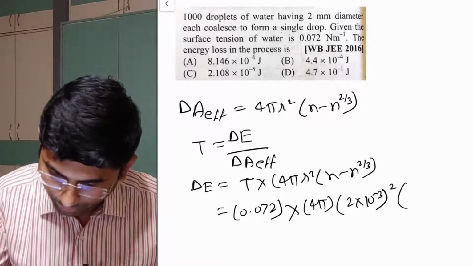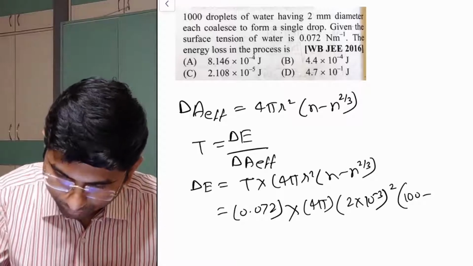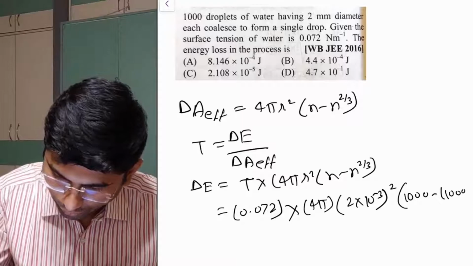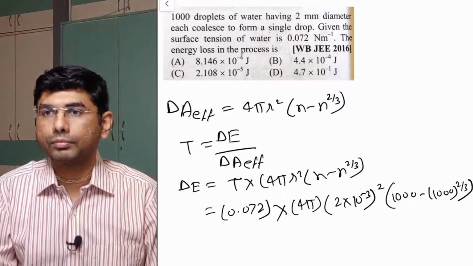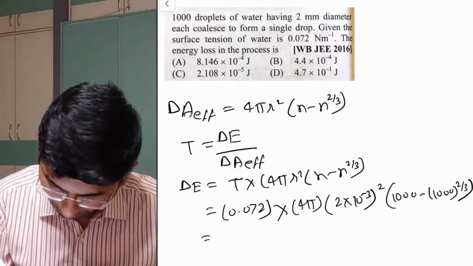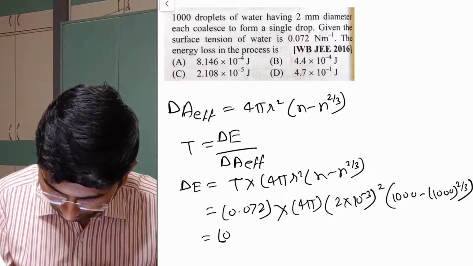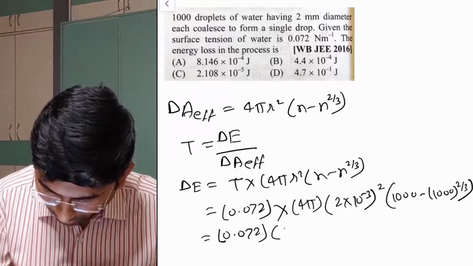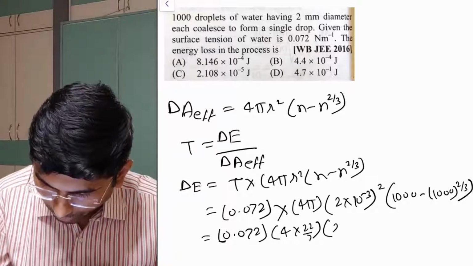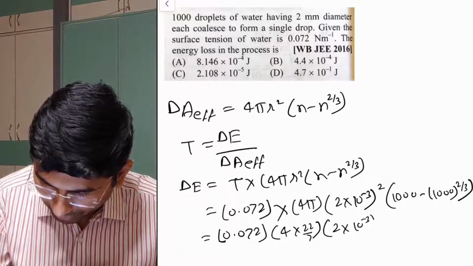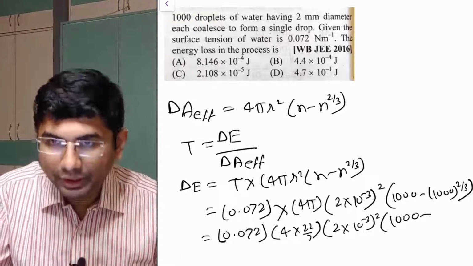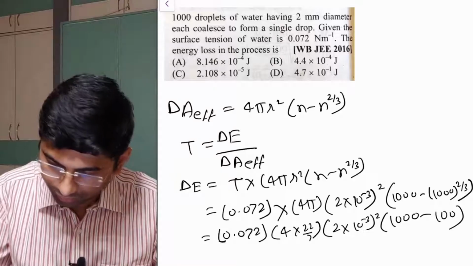Value of n is 1000 minus 1000 raised to the power 2 by 3. So 0.072 into 4 into 22 by 7 into 2 into 10 to the power minus 3 whole square, into 1000 minus 1000 raised to the power 2 by 3. 1000 cube root is 10, 10 square is 100.